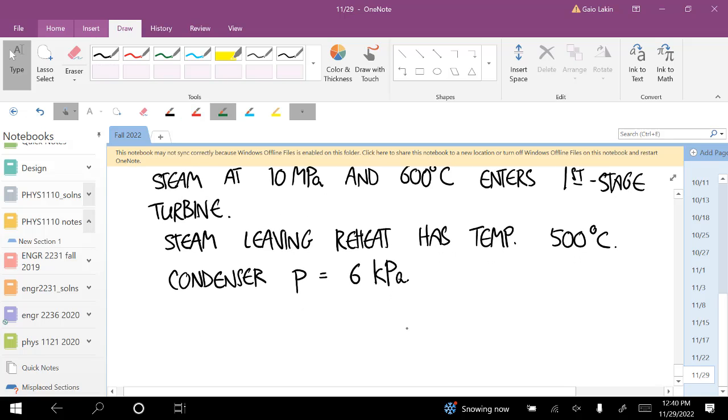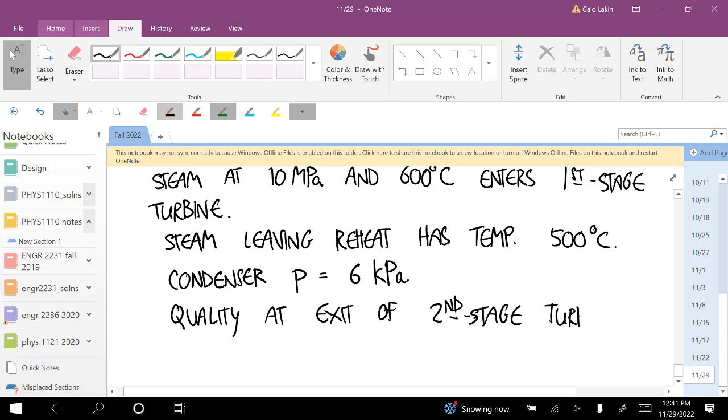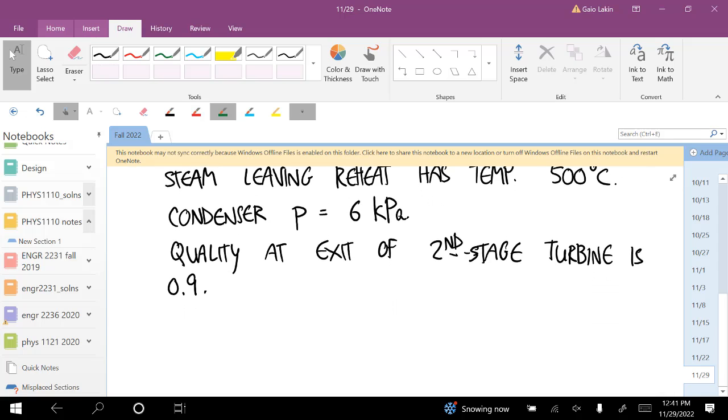The quality at the exit of the second stage turbine is 0.9. And we just want to calculate the thermal efficiency.